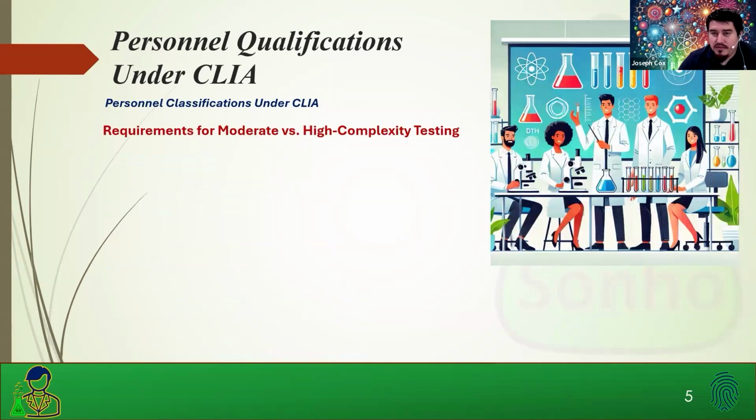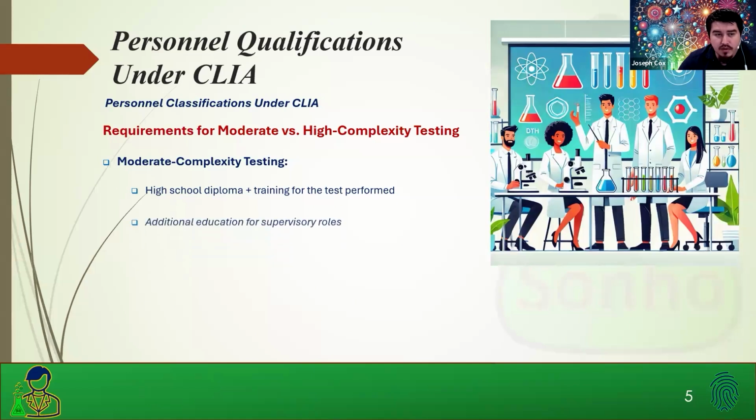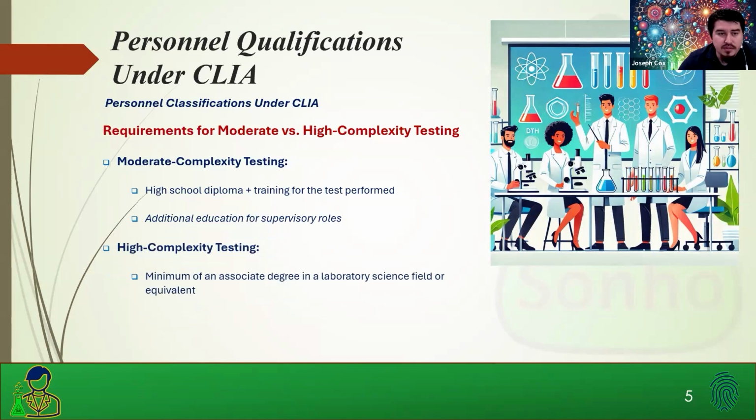There are different requirements for waived testing, moderate complexity and high complexity testing when it comes to personnel. Moderate complexity testing often requires a high school diploma with training for the test performed. And it might require additional education for supervisor roles. For high complexity testing, there's a minimum associate degree in laboratory science or equivalent, and advanced degrees or certifications required for supervisory or director roles.